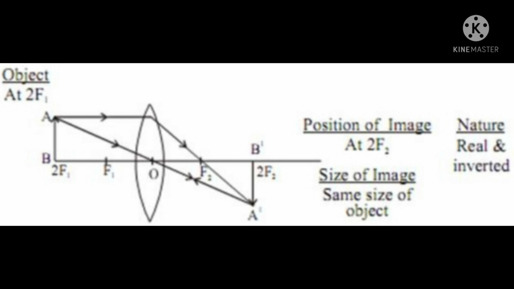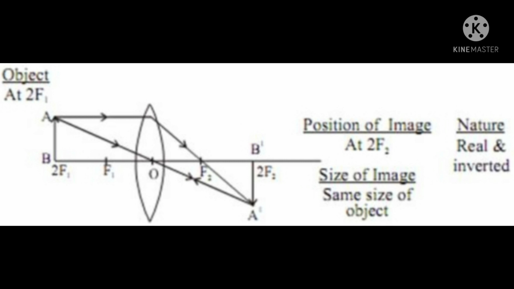Because there are two spheres, the centers of the two are different, so the centers of curvature, so the focus point also will get the 2. Now when we place it at 2f1, the position of the image we get is at 2f2, and the relative size of the image is the same size, the image is as big as the object, and the nature is real and inverted.